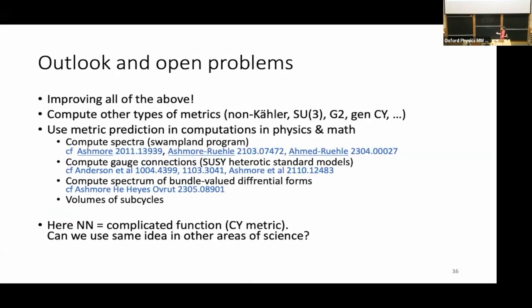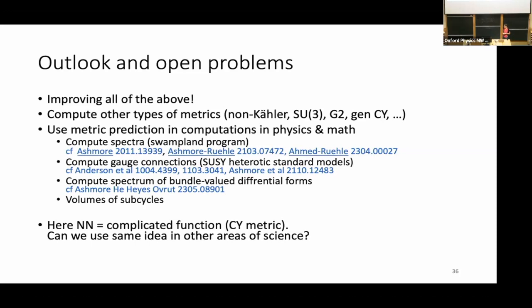Of course, the outlook and open problems: the first point is to improve everything that has been done. There's definitely scope for improvement here for having even more general routines. As Fabian was saying, parallelizing part of the code can bring down the computational time significantly.